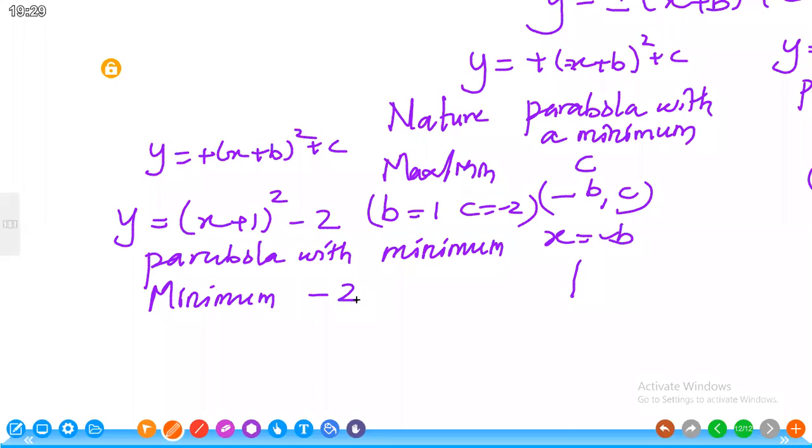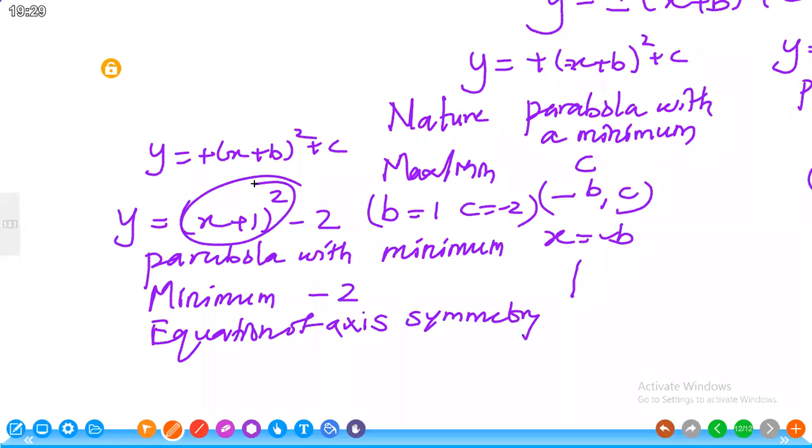Before that, you have to find the equation of axisymmetry. What is the equation of axisymmetry? Using this part, right? So here y is equal to -1. Why?